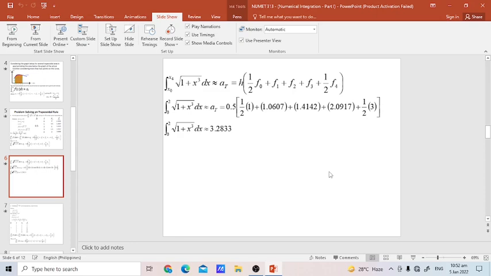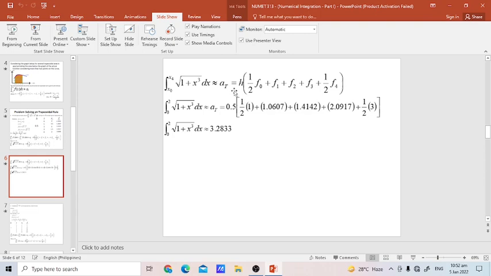so for it to be near to the exact answer, we can increase the value of n.